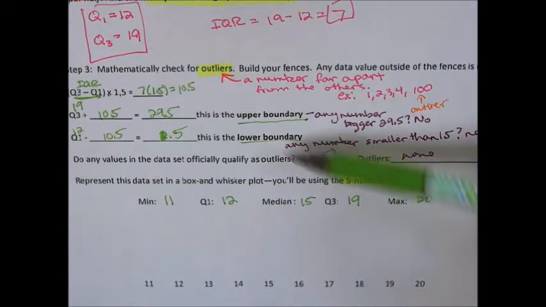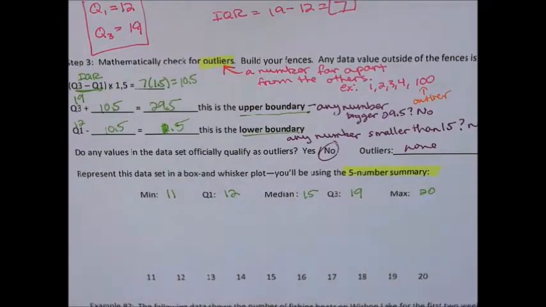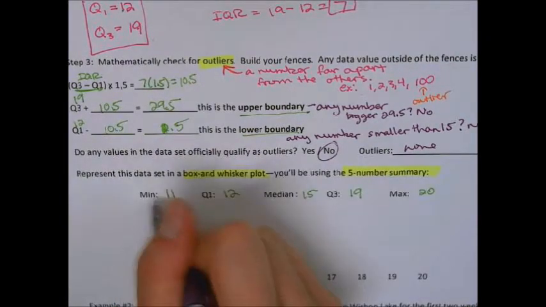And that's just from all the information we found up here. All right. So this is how we make our box and whisker plot. Let's also highlight that word. So this is our 5-number summary.